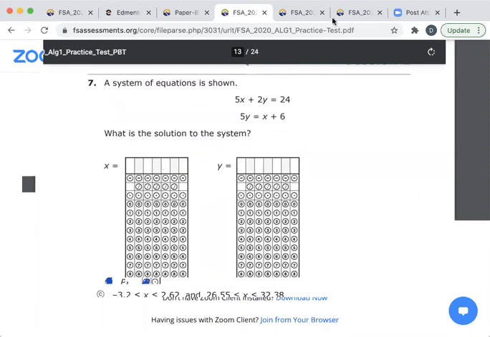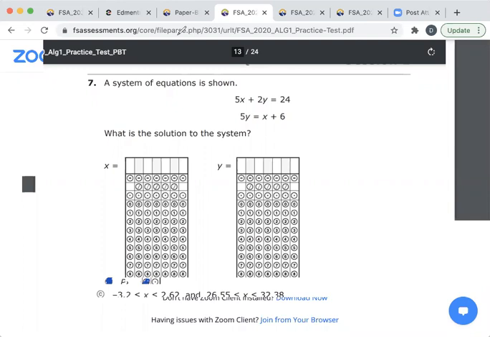Okay, so for number 7, we have a system of equations and we're looking for a solution. So anytime you have systems of equations, there's a few different ways you can solve them. What I'm going to do is, we could substitute, or we could get rid of something.